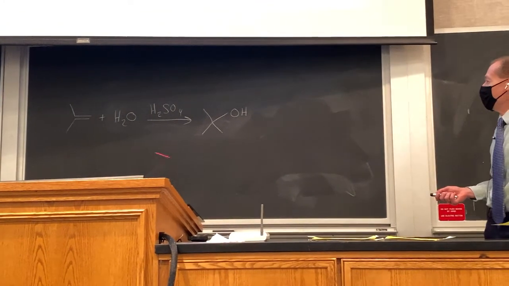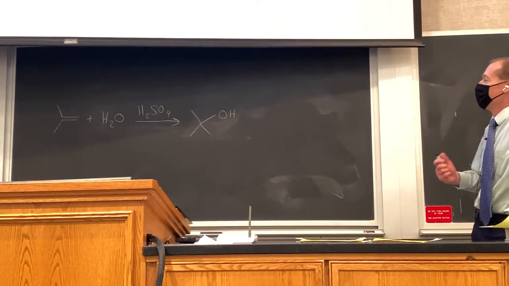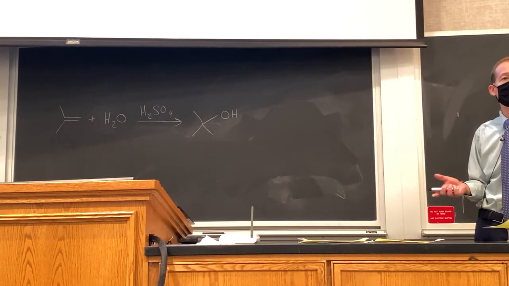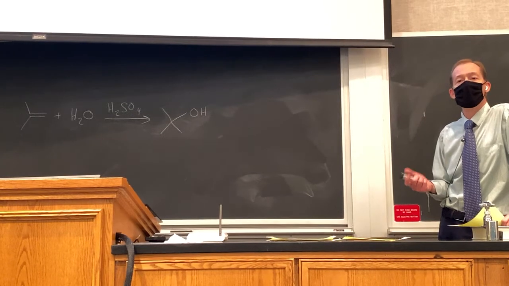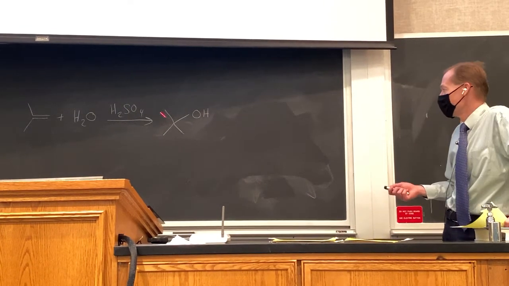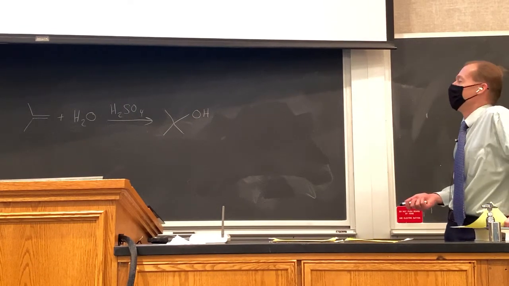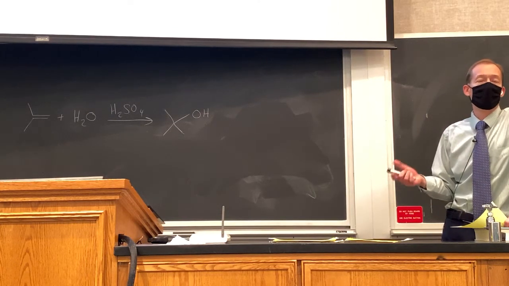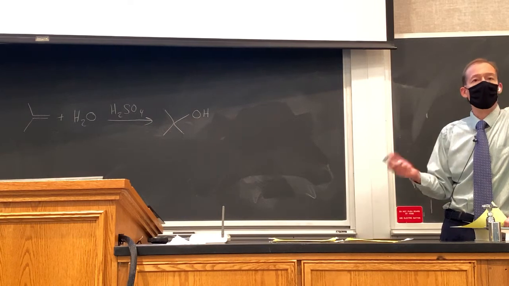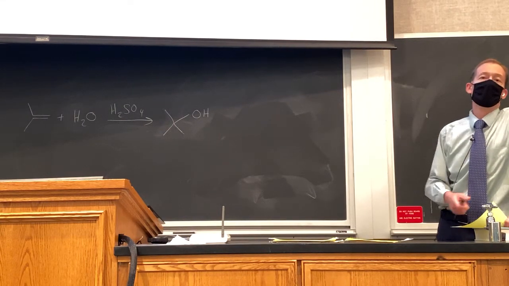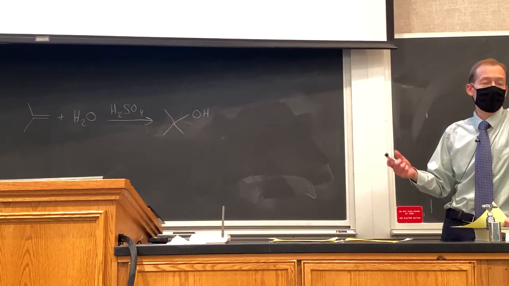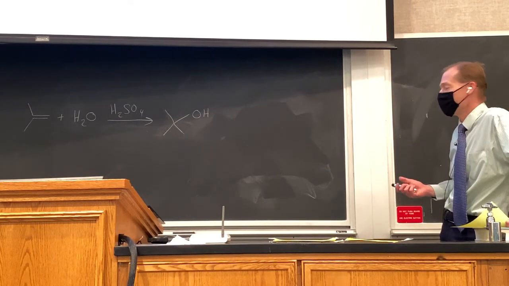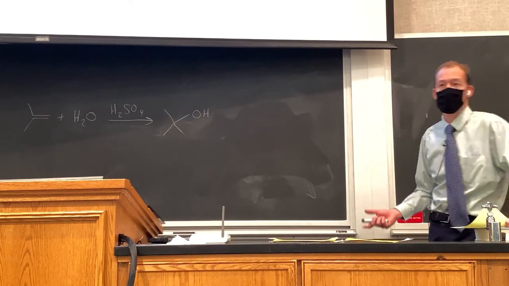So if you take an alkene and you react it with one of our strong acids where the conjugate base is not a nucleophile, such as H2SO4, and you do that in the presence of water, you perform a hydration, which means you add the elements of water across your double bond, protonating one of the carbons and adding an OH group to the other one. Okay? So this is referred to as hydration.